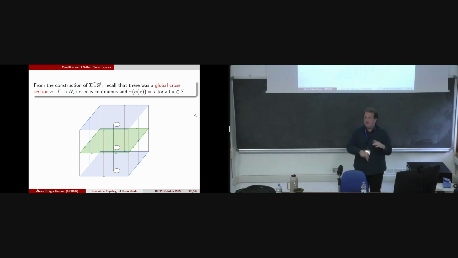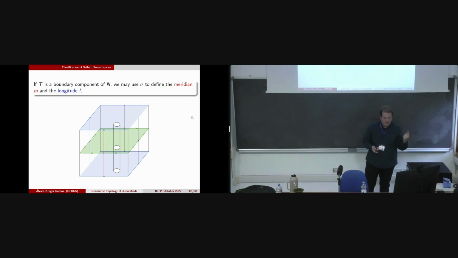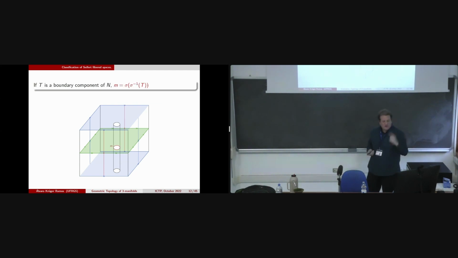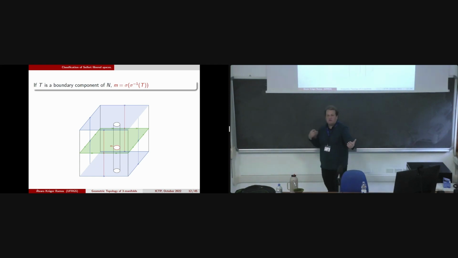The construction is exactly the same, and we still have this cross section here. Now let's think of S minus one disk. How do we use this cross section to define a meridian officially? We just define it as the inverse image of this boundary.